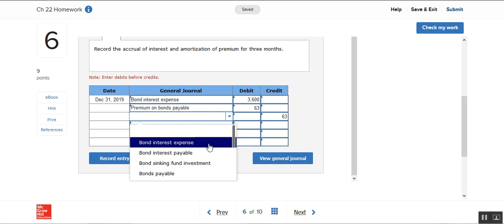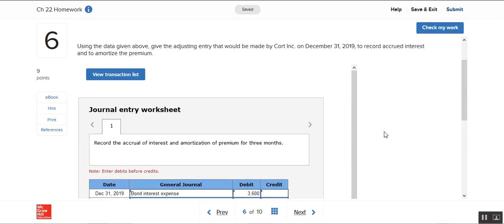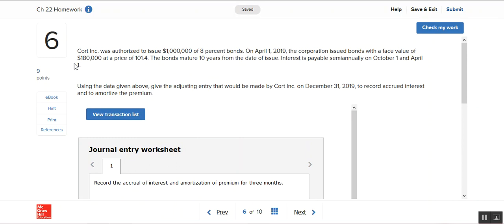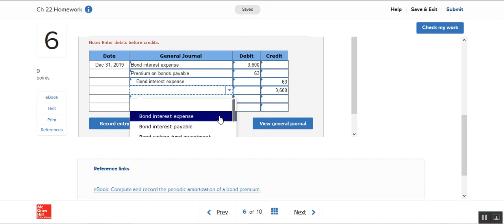And then the last thing we would do is record the actual bond interest expense that we're paying, which is the face value of the bond times the rate, which I think was 8%. So 180,000 times 8% times 3/12 gives us $3,600, and that's the actual interest payable.